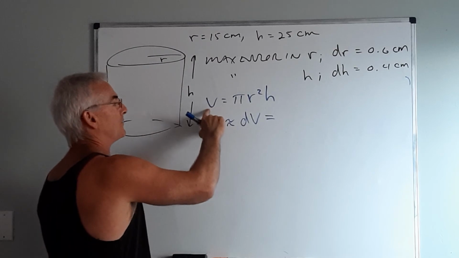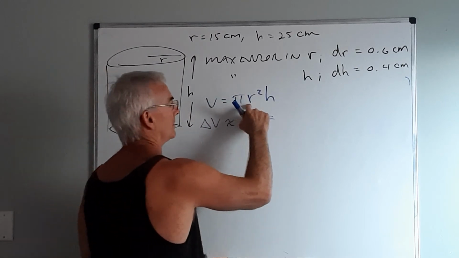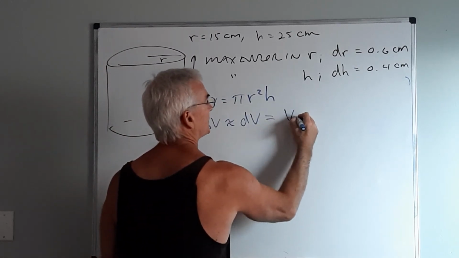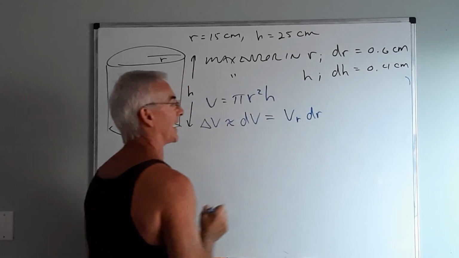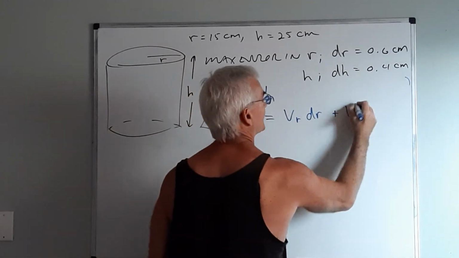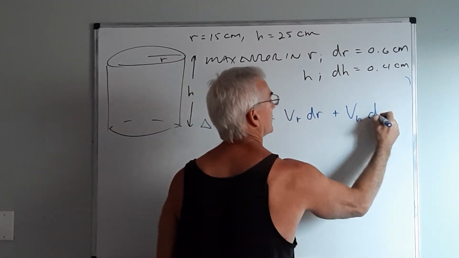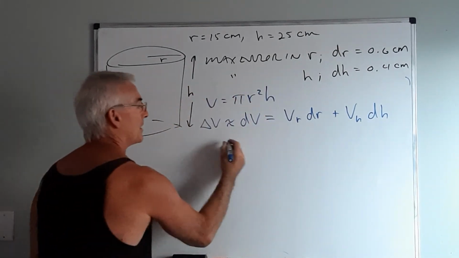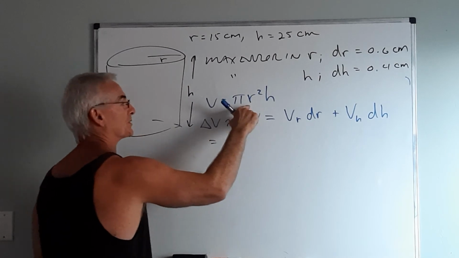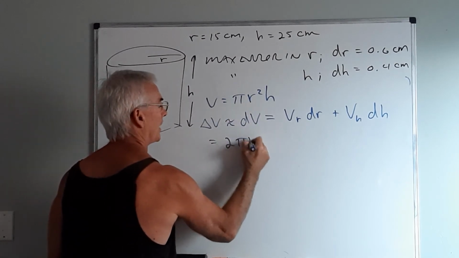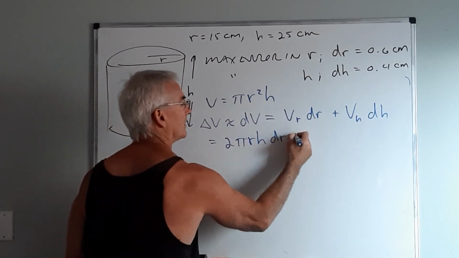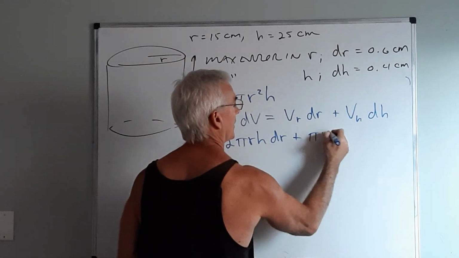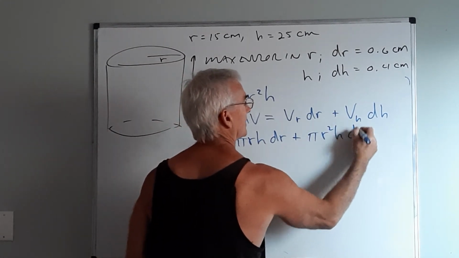The derivative of the volume with respect to r, that would be V_r times the actual change, plus V_h times the actual change. And these quantities are fairly simple to calculate. So the partial with respect to r would be 2 pi r h dr, and then here, pi r squared h dh.